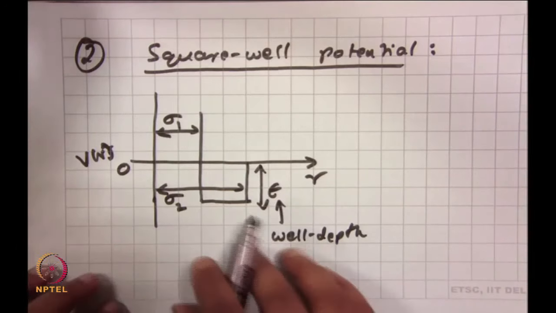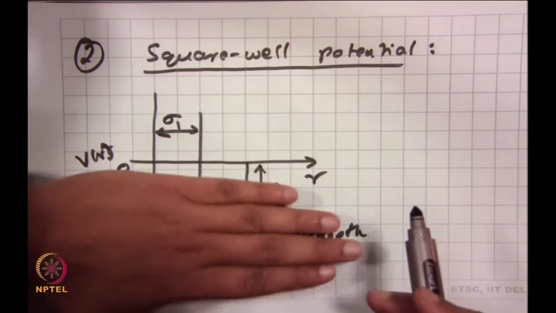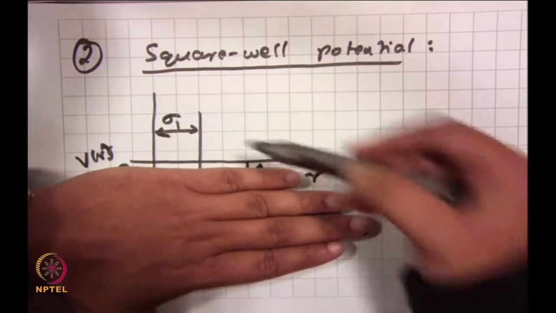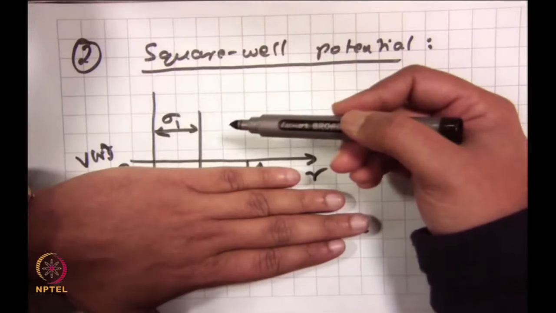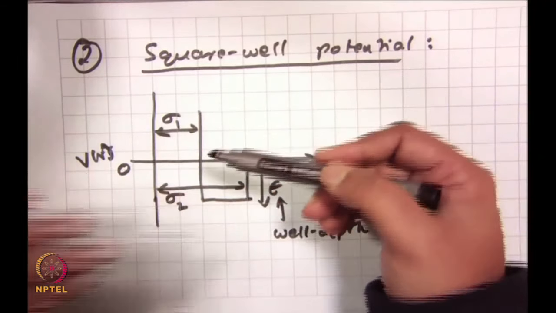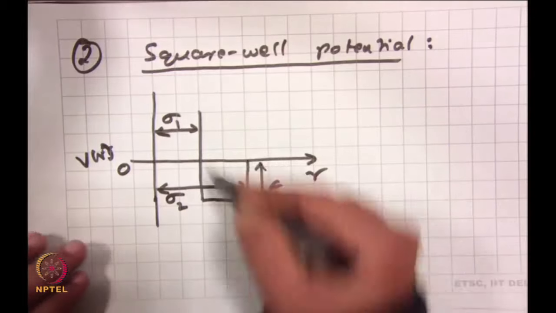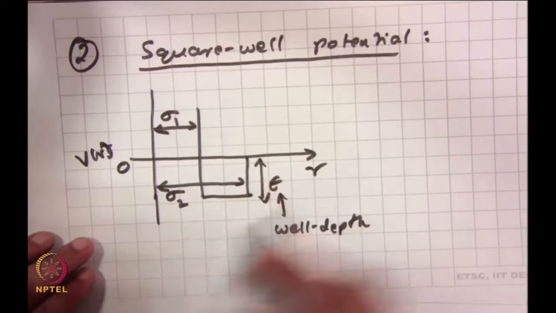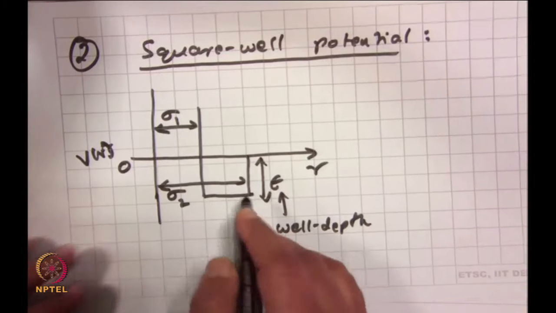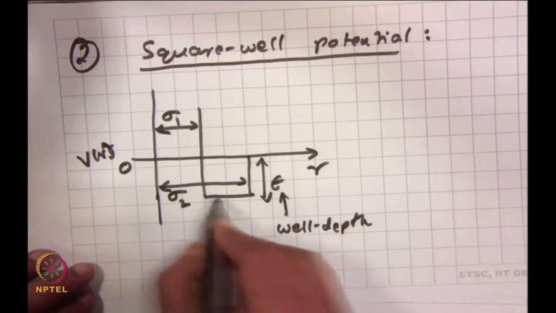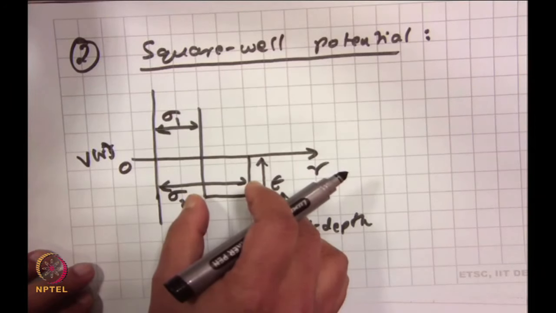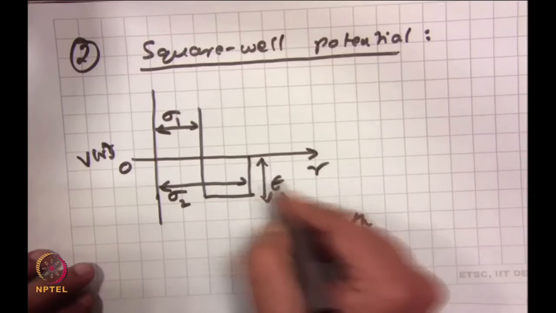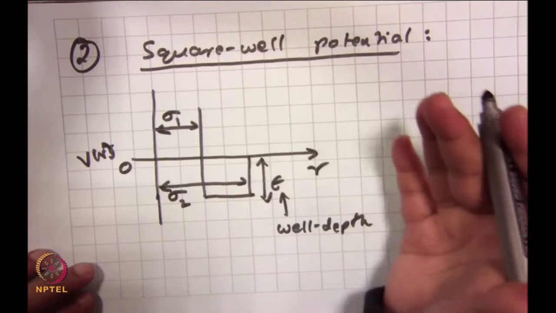Now look at the difference. When we were talking about the hard sphere potential, this term was not there. The only term we had was on the positive side, that means V of r was repulsive. Now we have brought in an attractive term. Because of the attractive term, this one is going down, that means there is a negative potential. The negative potential is just like a square well between this region. Then the moment r is greater than sigma 2, V of r goes to 0.